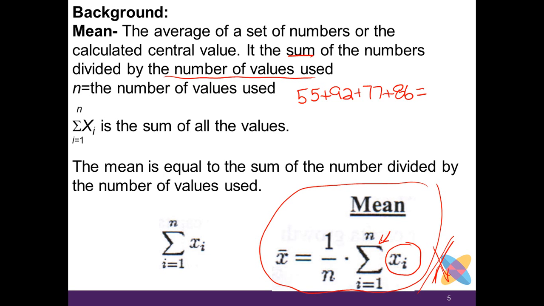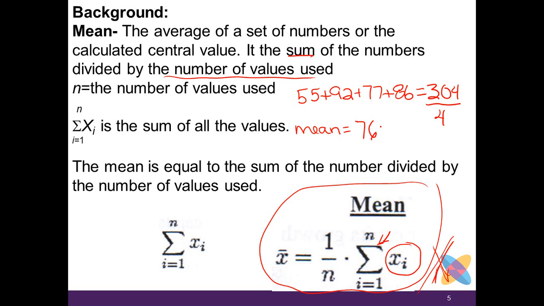Well, according to this formula, you're going to sum it up, which equals a value of 304. You're now going to divide it by how many grades you have, which is 4. So the mean, or the average, if you will, is going to be equal to a 76.